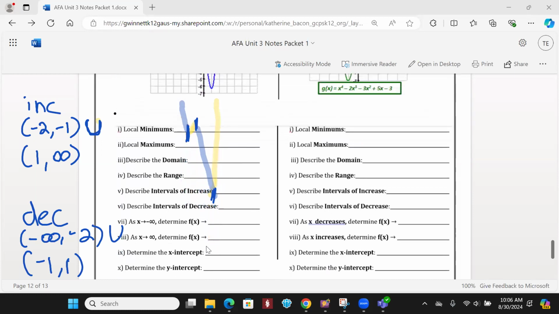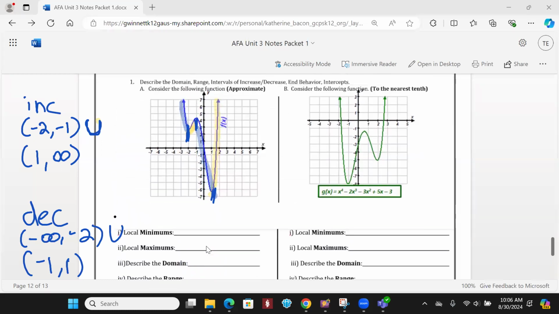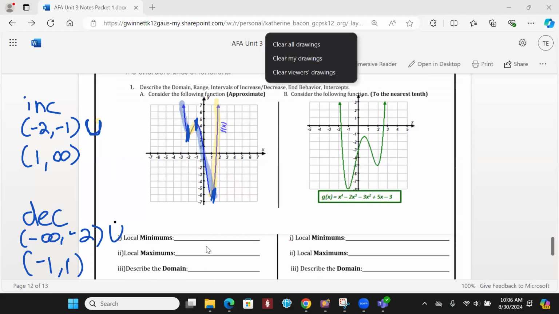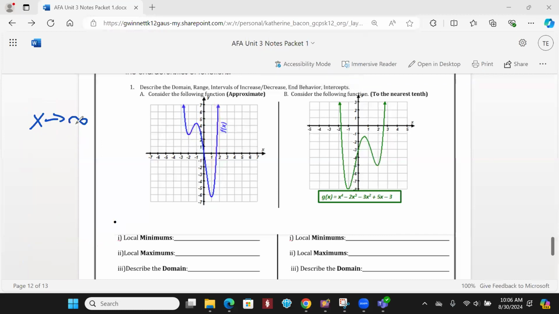Okay. The next one is end behavior. End behavior is different from intervals of increase and decrease. So as x is approaching negative infinity, if you were standing at 0, 0, and moved to the left, where are our y values going? Y is going to positive infinity.